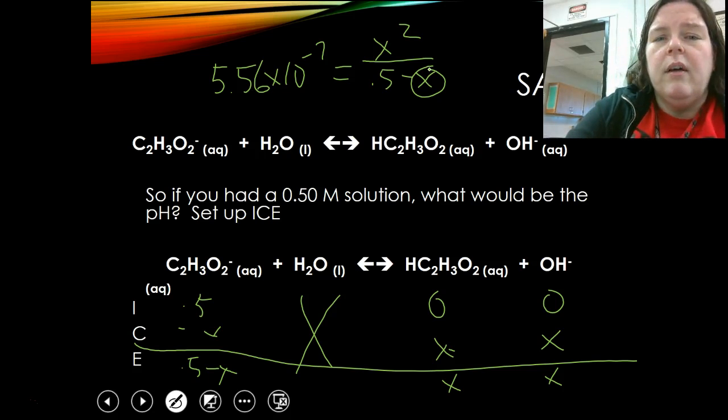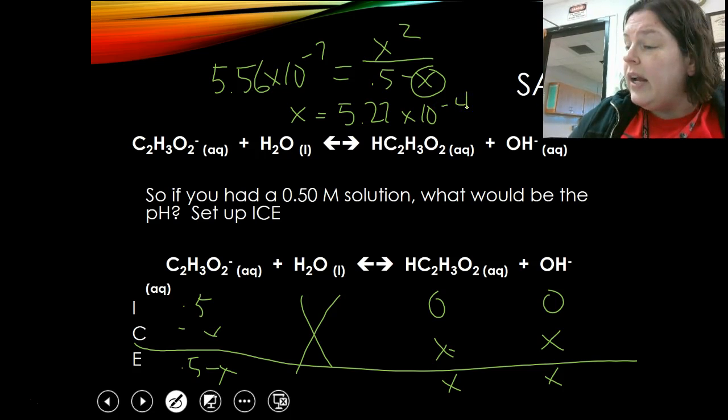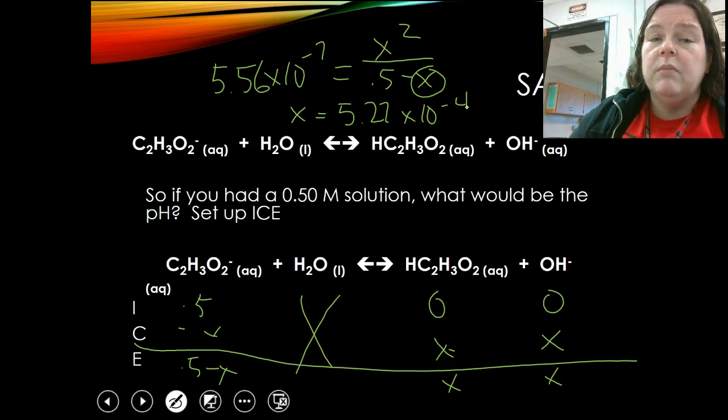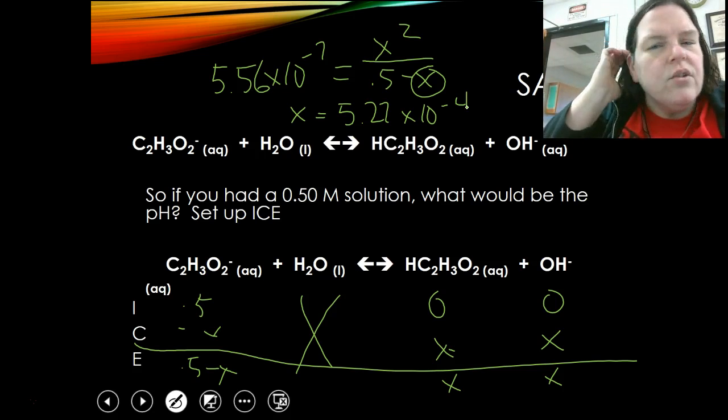So we end up solving that x is equal to 5.27 times 10 to the negative 4th. So that is the pOH. That is the pOH. So if we go to the pOH, then we figure out, or I'm sorry, that's the concentration of the OH.